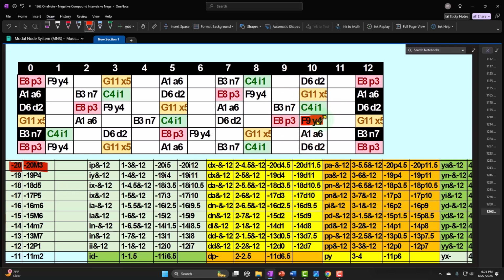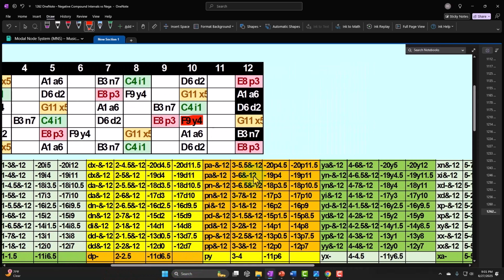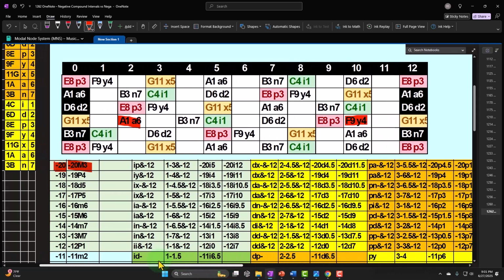So we're going to go back a local distance of 8. 1, 2, 3, 4, 5, 6, 7, 8. That would be a 4-6 modal range. So we have that over here. Here's a 4-6 modal range, but we want to be going back 20.